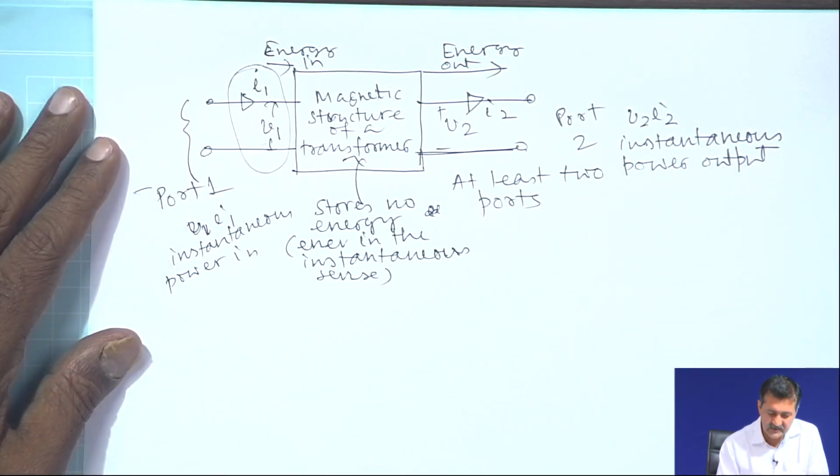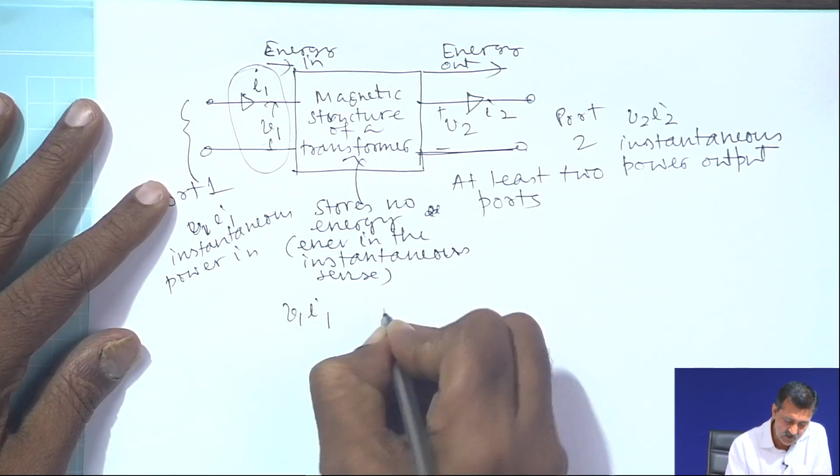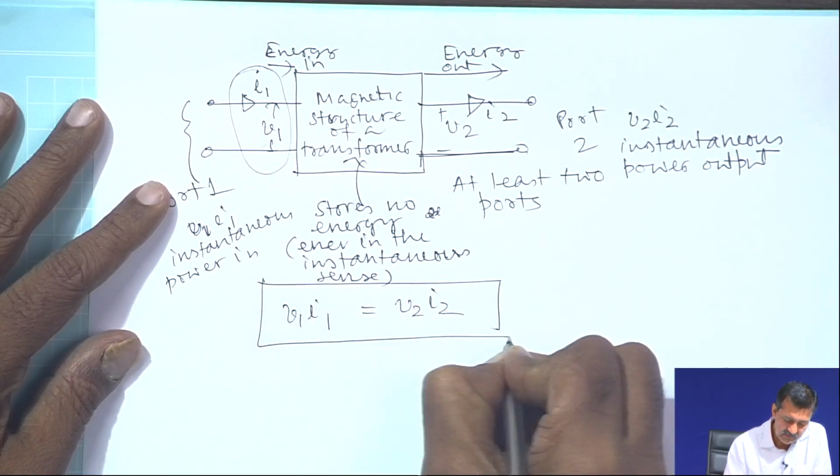So, what is most critical in a transformer is that this relationship, V1 I1 equal to V2 I2, is maintained.